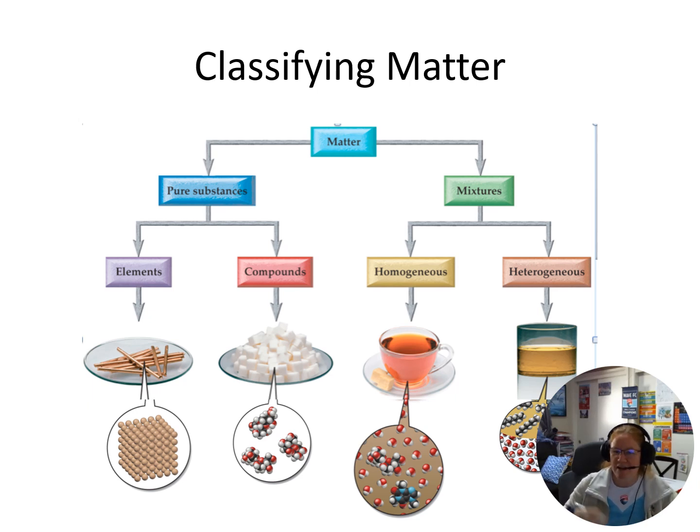Our mixtures can be homogeneous or heterogeneous. With homogeneous, everything to the naked eye is uniform. Again, with my tea, I can't tell which molecules are the water and which molecules are the tea. If I were to add sugar, I further wouldn't be able to figure out which molecules were the sugar. So it'd be a homogeneous mixture. It looks uniform to my naked eye.